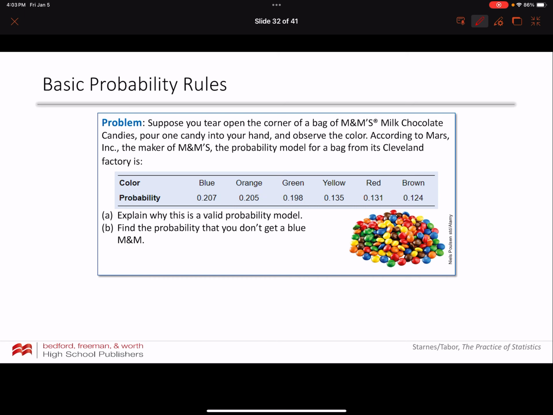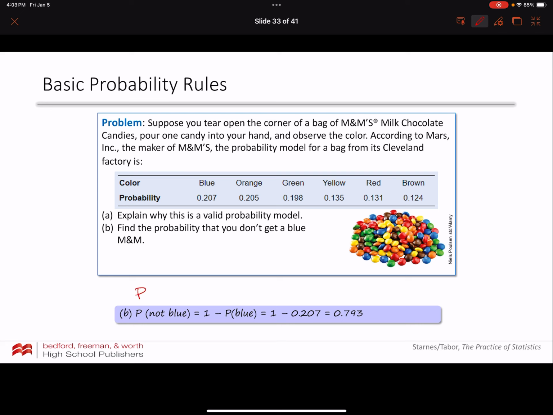So find the probability that you don't get a blue M&M. I know that you know how to do this on your own, but not blue. You can add up all of these things together, or our complement rule says that the probability of not blue, or let me write this notation down.